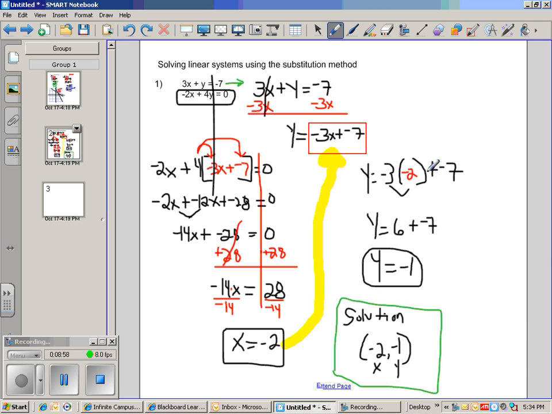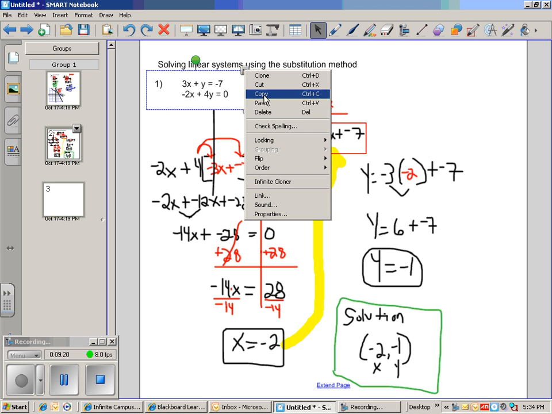What would be a wonderful idea now is to go back to the original equations and plug in negative 2 and negative 1. And then we could check and see, do the equations, in fact, balance out? And I think I'm going to do that here. I'm going to erase just this portion, and we'll go to a new slide.